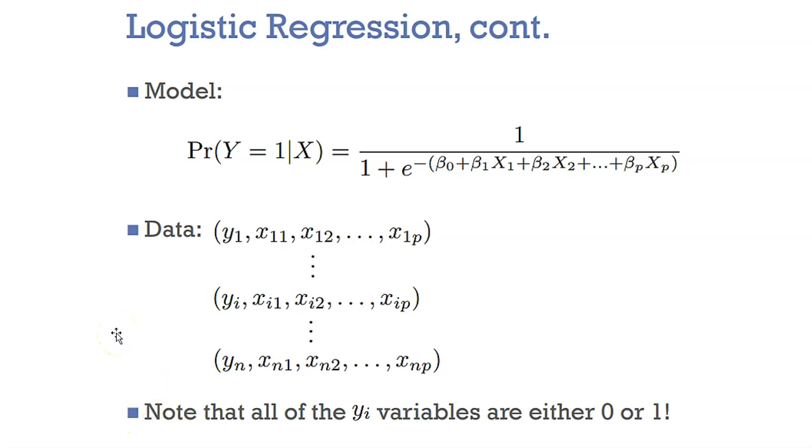Note that all of the yi variables are either 0 or 1, and 0 is that they did not default, and 1 represents that they did default.